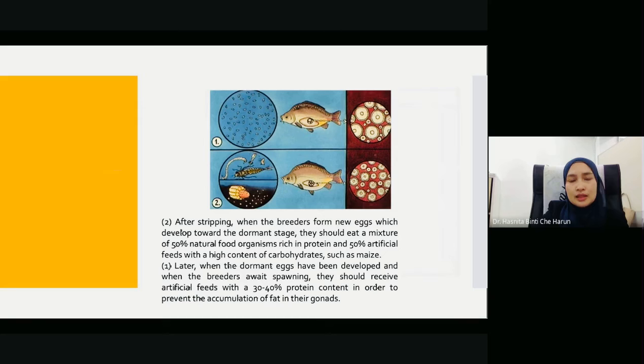The last one is in terms of the feed given to the breeders. Different maturity stages are given different types of feed, with different compositions, because they require different compositions of nutrition.